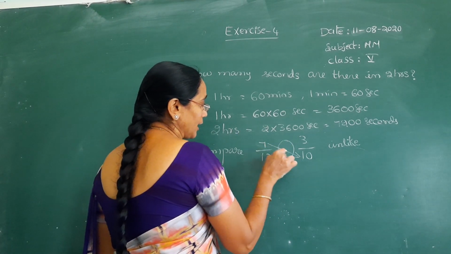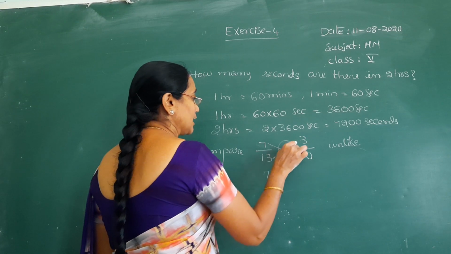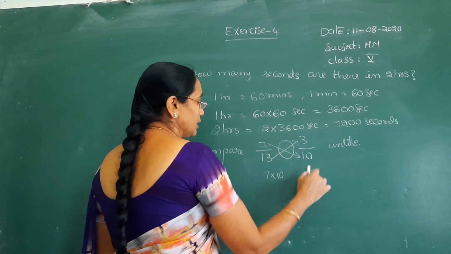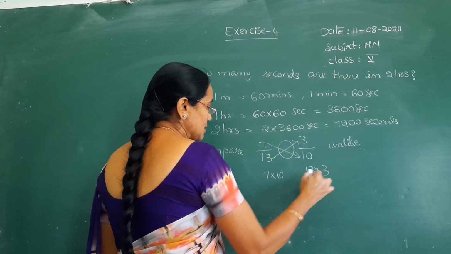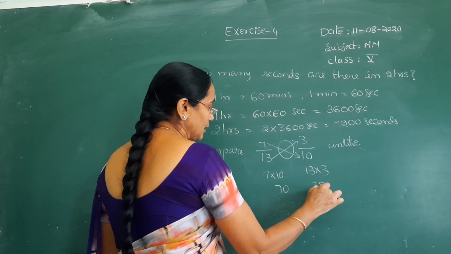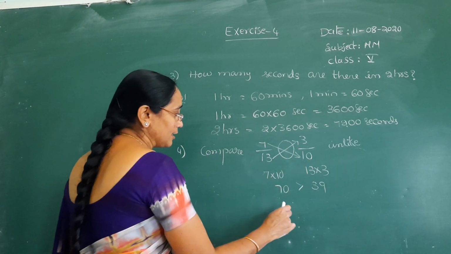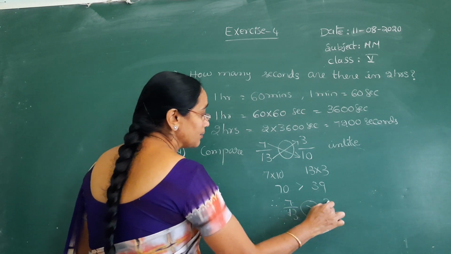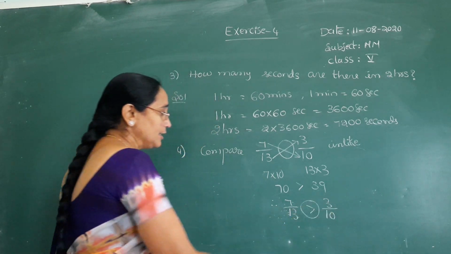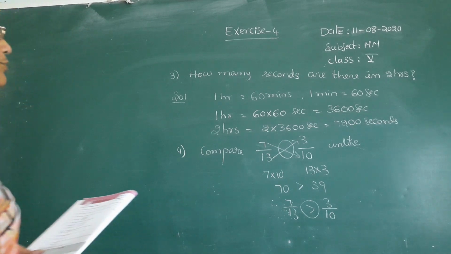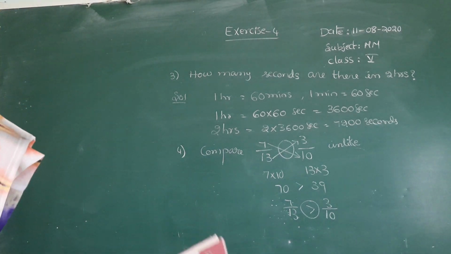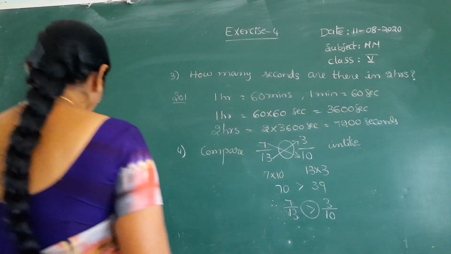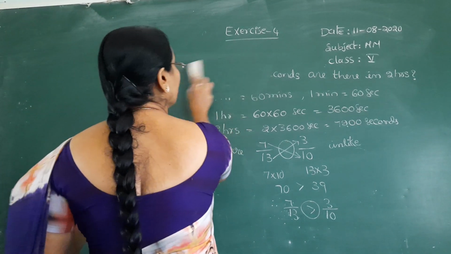First you have to write down the arrows, otherwise you will be confused. This 70 is greater. Therefore 7 by 13 is greater than 3 by 10. That is the comparison of two fractions. You already did these models in 4th class also.